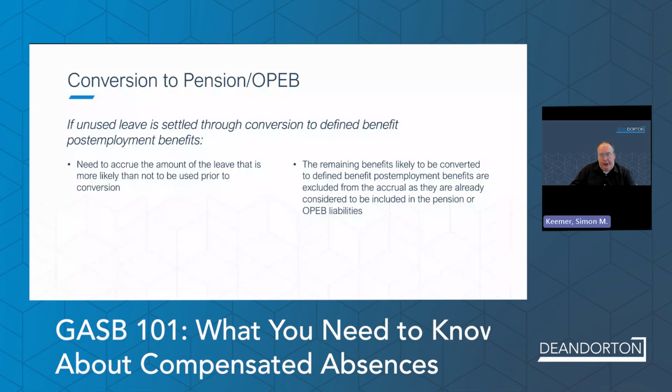So the portion that is more likely than not going to be converted doesn't get accrued because GASB 101 says any unused leave that is settled through conversion to a defined benefit pension or OPEB plan does not get accrued as compensated absences because that is considered to be included in the pension or OPEB liability.